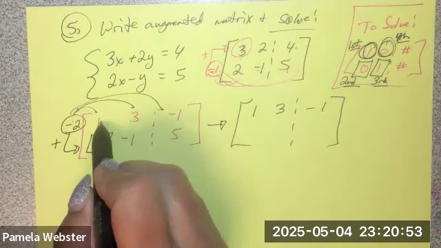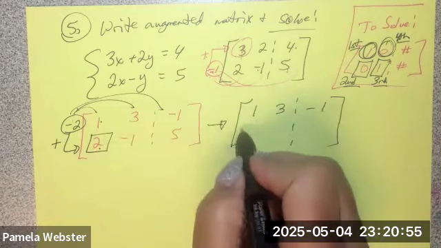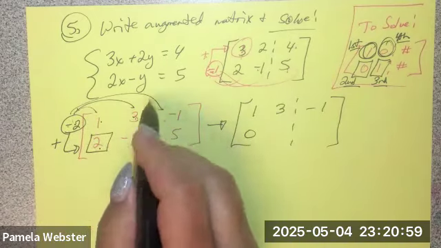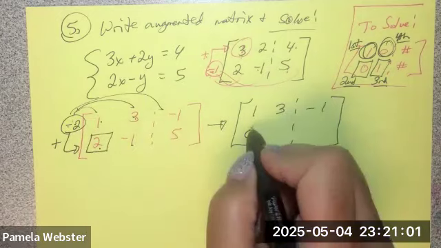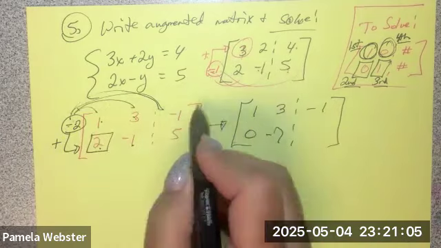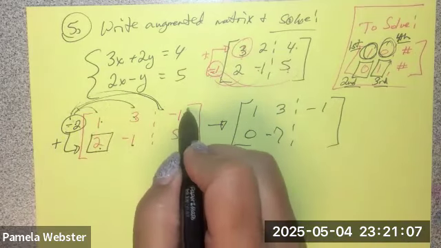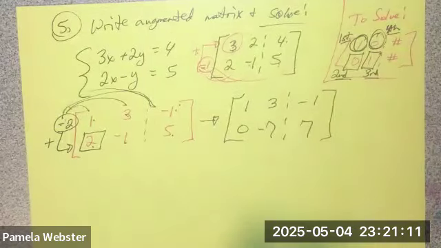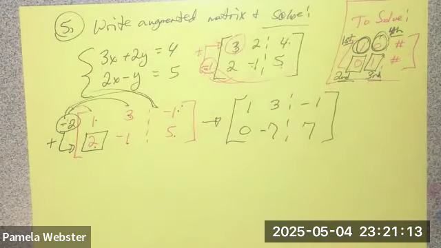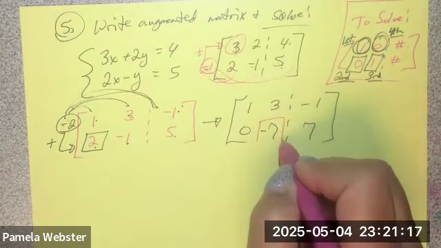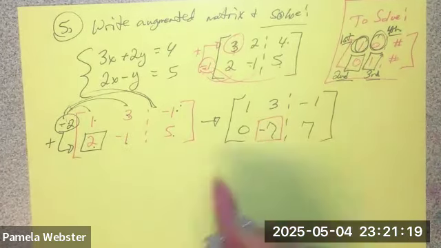Okay. -2 times 1 is -2 plus 2 is a 0. -2 times 3 is a -6. -6 plus -1 is a -7. And -2 times -1 is a +2. +2 plus 5 is a 7. Okay. And hopefully we get some nice numbers. If it's just a little bit of a fraction, it's not that big of a deal. But hopefully they're not bad.